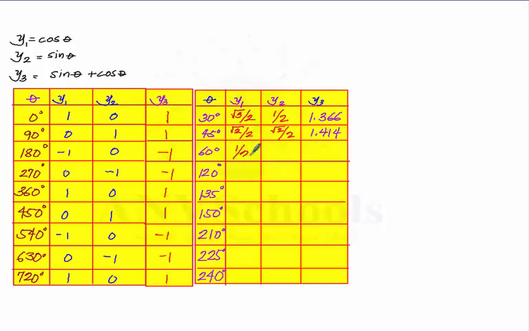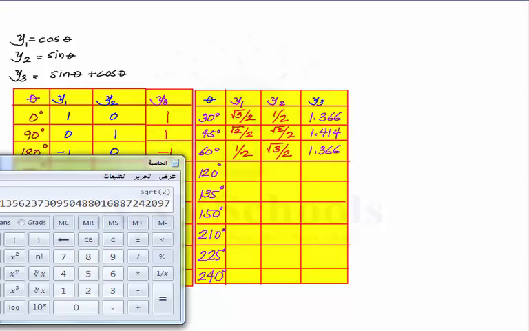For cosine 60 is 1/2, sine is square root of 3 over 2, and this one will be the same. So we have 1.366. And for 120, cosine plus sine is equal to 0.366.